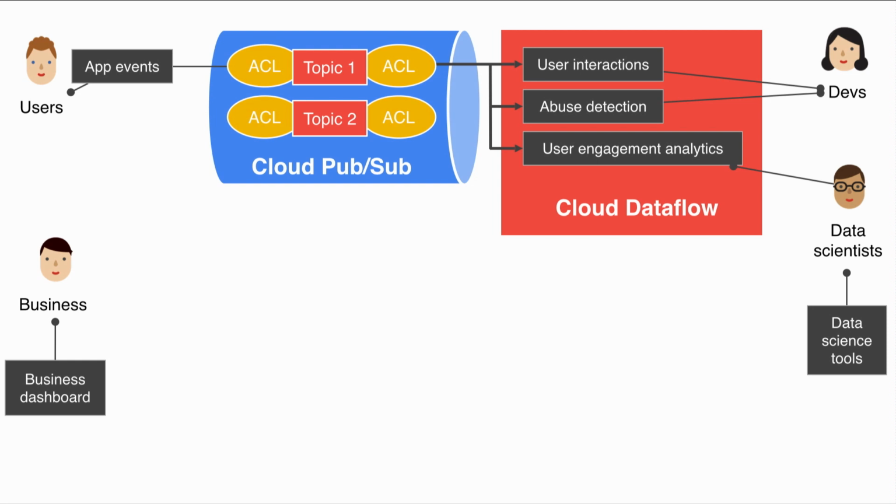So looking at the upper right, managing user interactions, so making sure that users who are in the same team, in the same location, who have similar objectives, can find one another and play together. Detecting abuse, making sure people aren't harassing one another, analyzing user engagement, all those things are best expressed as a data processing pipeline.